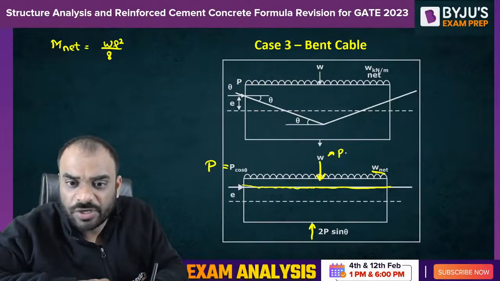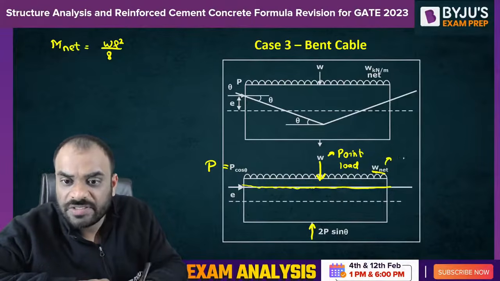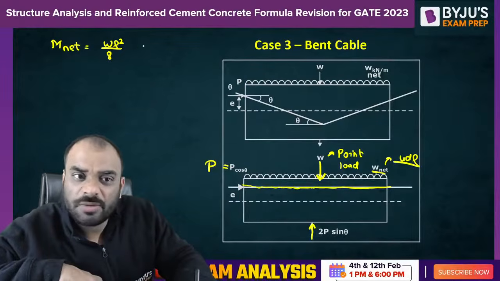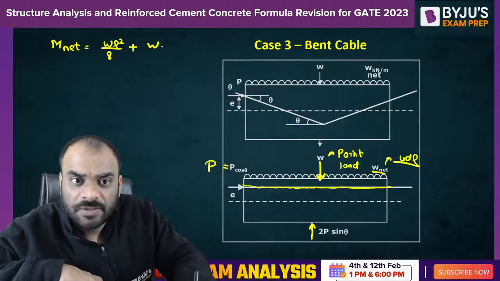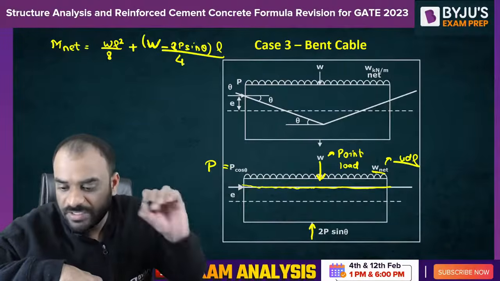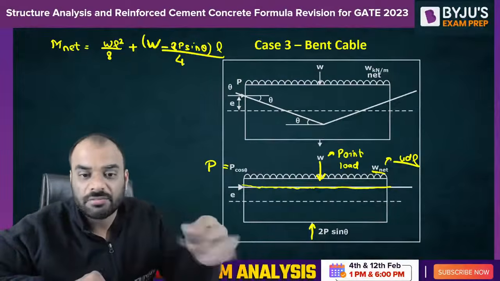Kindly consider this one as a point load so that it will be very easy to understand. And this one is a UDL. Okay, so one is W net, WL square by 8. Second one is capital W minus 2P sin theta multiplied by L divided by 4. In this way, we are able to calculate the net moment.